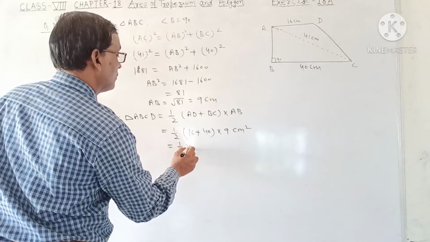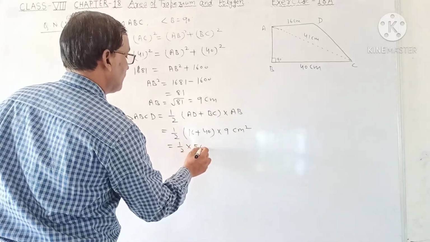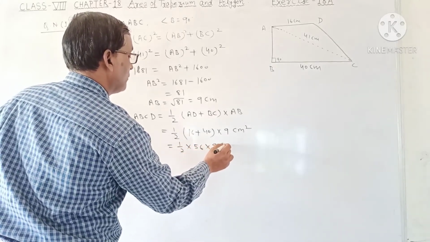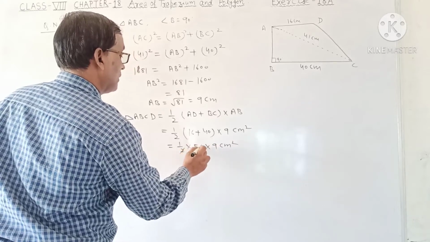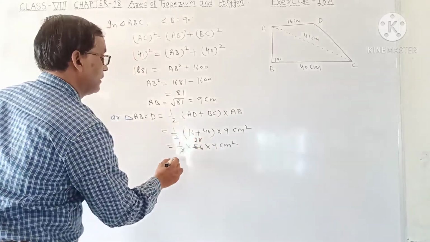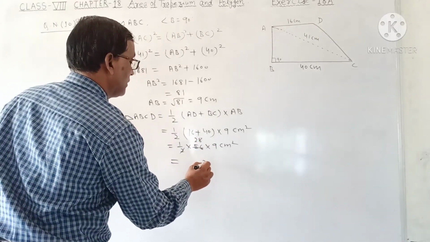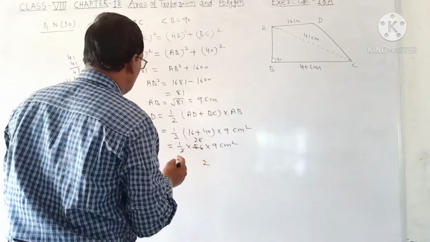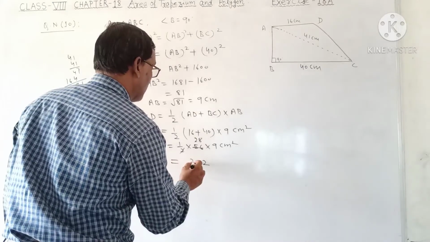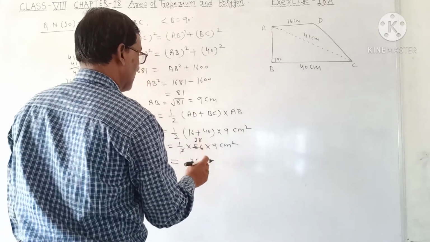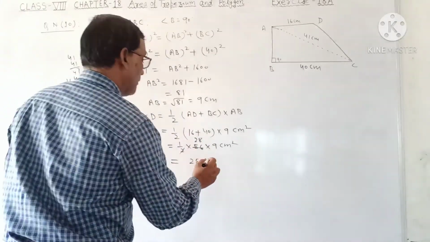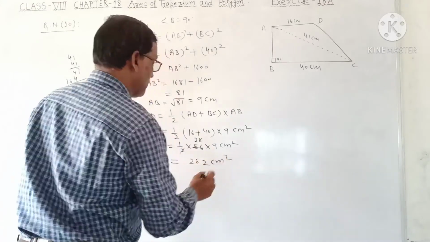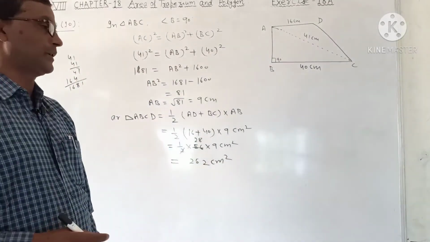Half into 56 into 9 centimeter square. 28 into 9 is equal to 252. So your answer is 252 centimeter square.